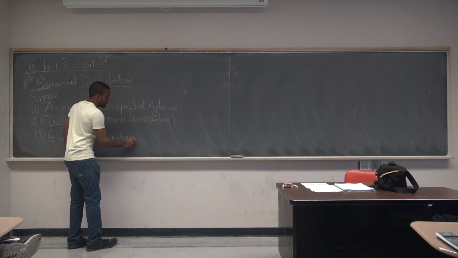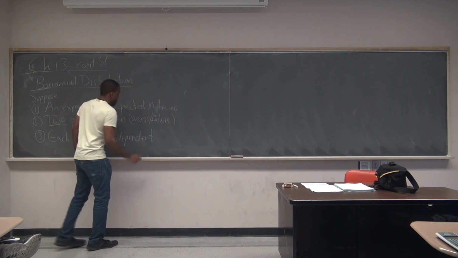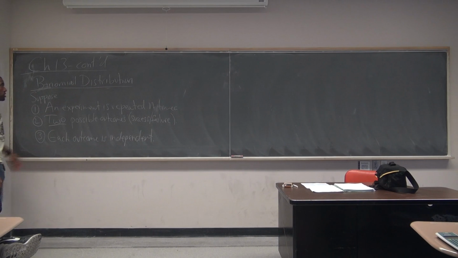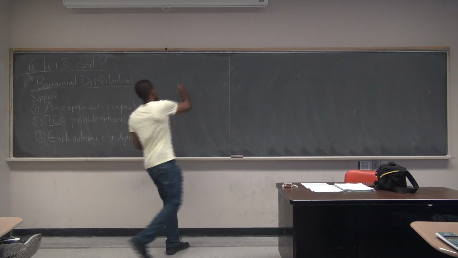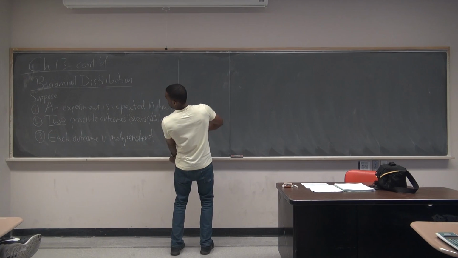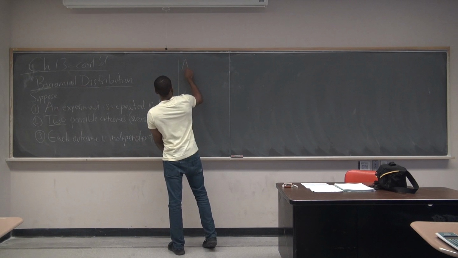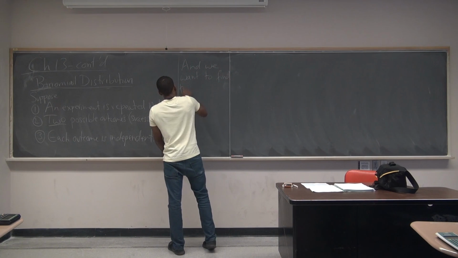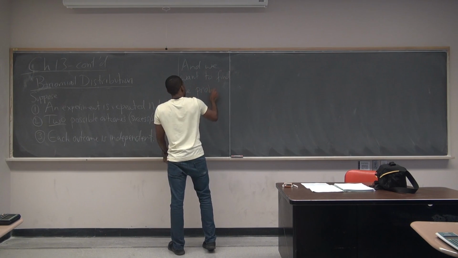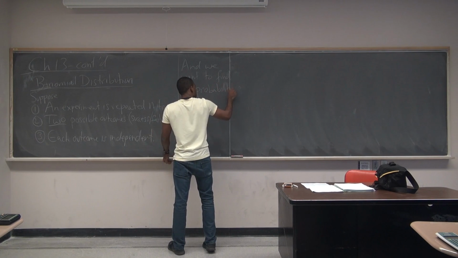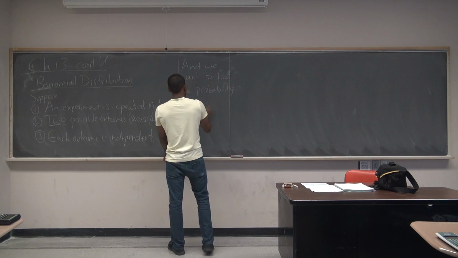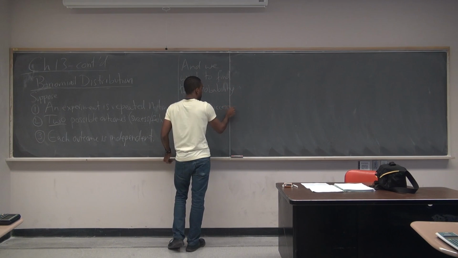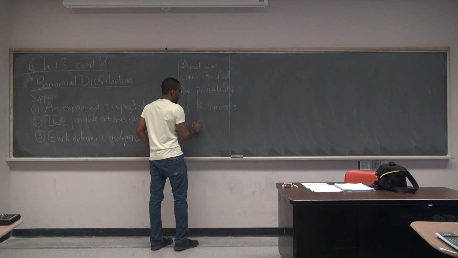So if you have these three situations coming together, you can describe it if you want to find probabilities. So suppose these three things are fulfilled, and we want to find the probability of k successes in n trials.